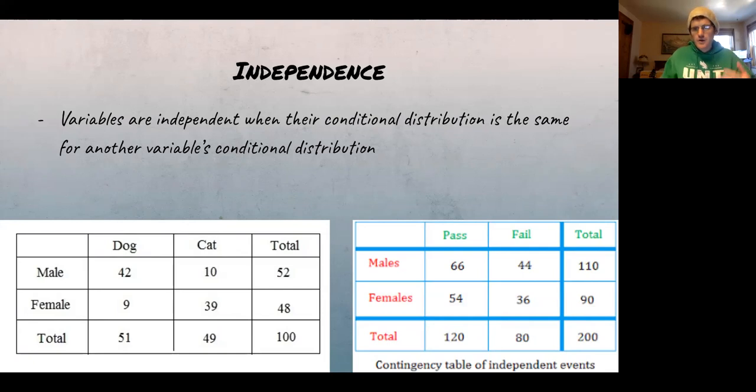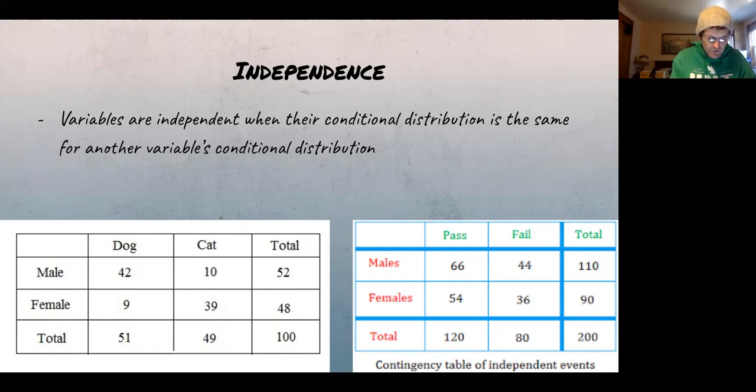Or vice versa, knowing that a person passed the class, does that affect the likelihood that that person is male or female? If I ask that question, I'm really asking a question about independence. That still might not make sense, but let's see what we're going to do.